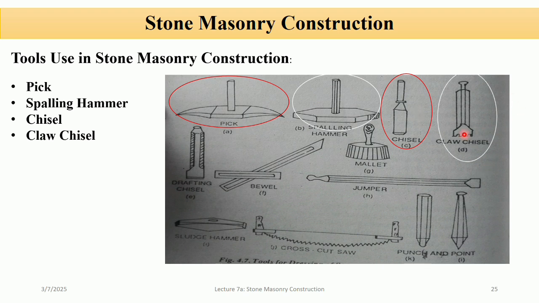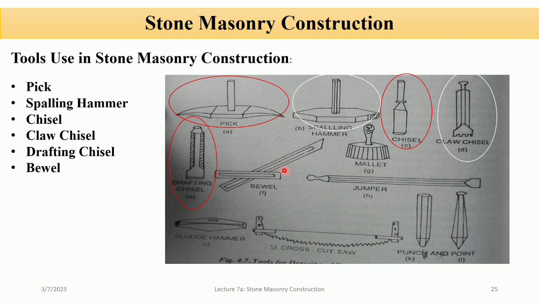Claw chisel. Claw chisel is provided with an edge having a number of teeth and is used for dressing the surface of stone. Drafting chisel. This chisel is used for forming a marginal draft on the edge of stone.